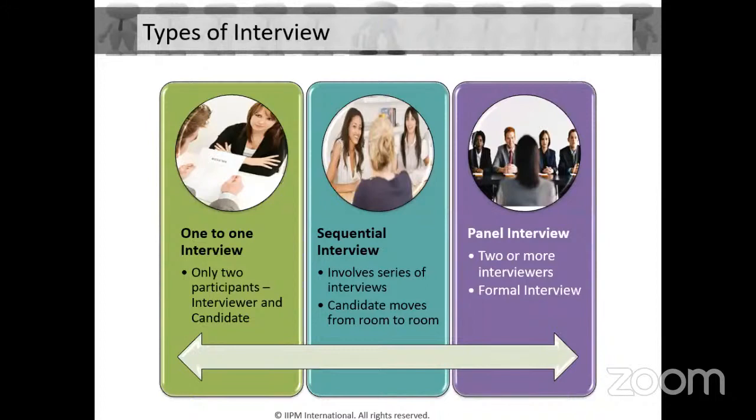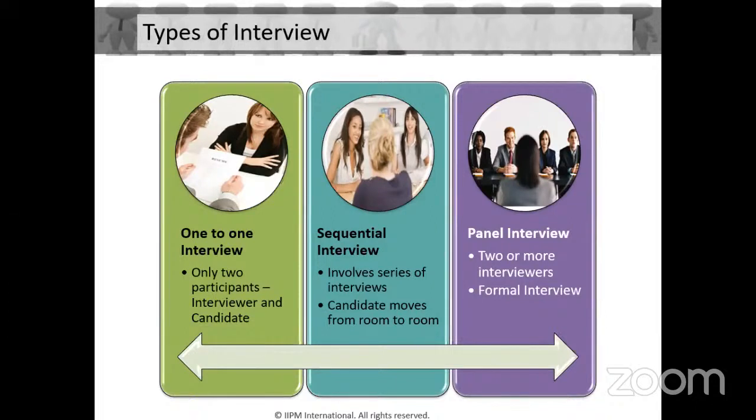In the sequential interview, it involves a series of interviews, like the candidate moves from one room to another. So you might come in, meet the first person. After they are done, you go to another person. Then after they are done, you meet the third person, like that. That's sequential interview. And then the panel interview has to do with 2 or more interviewers with just one candidate.